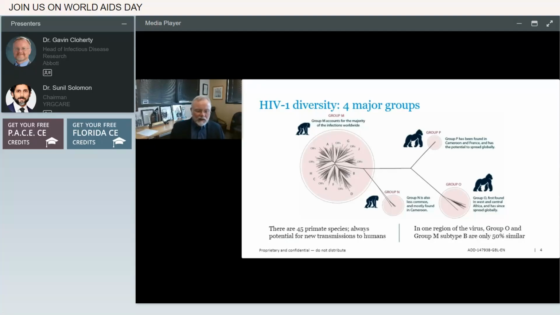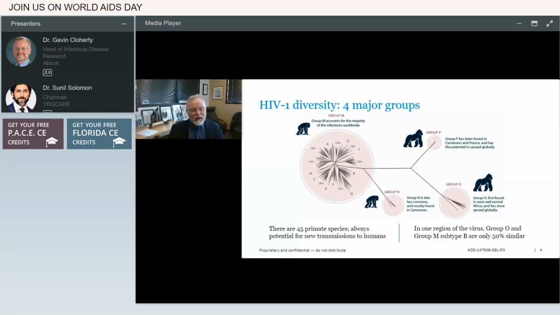And you can see the length of these lines illustrates the amount of genetic difference or distance between these strains. With group O, there's a large distance between group O and group M, with about 50% similarity at the amino acid level. And with 45 primate species, there's always the potential for ongoing zoonotic transmission.